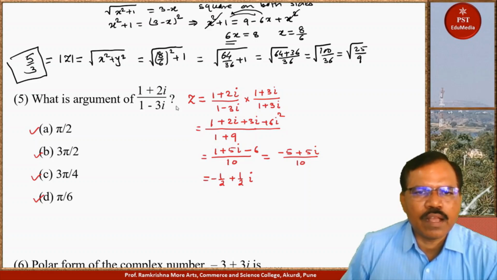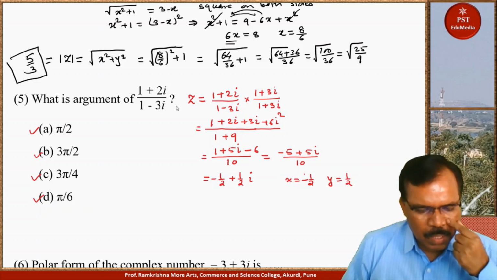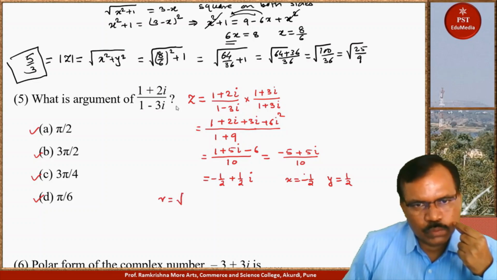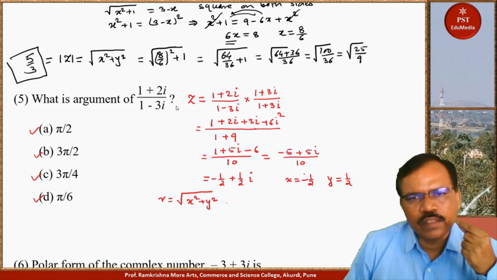So here x is equal to minus 1 half, y is equal to 1 half. So you will get r is equal to square root of x square plus y square. So it is root of 1 by 4 plus 1 by 4.